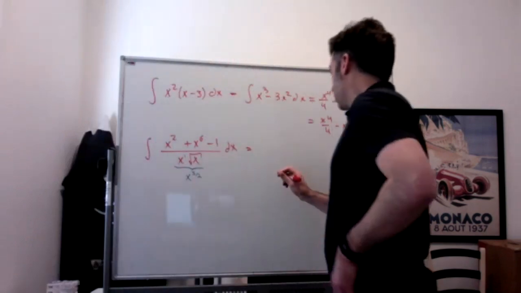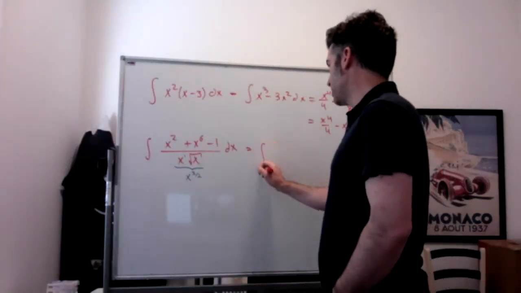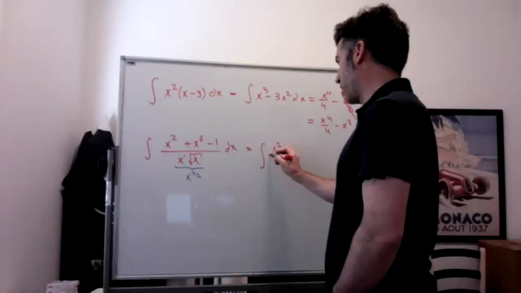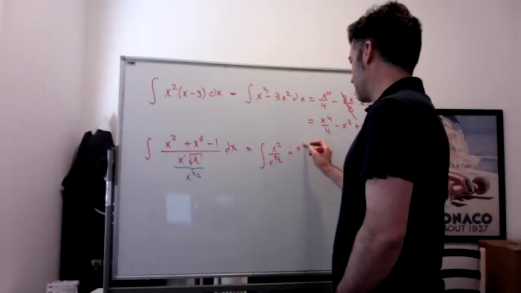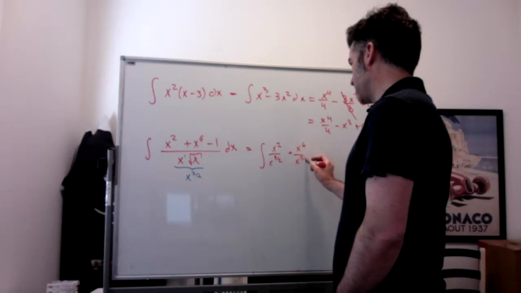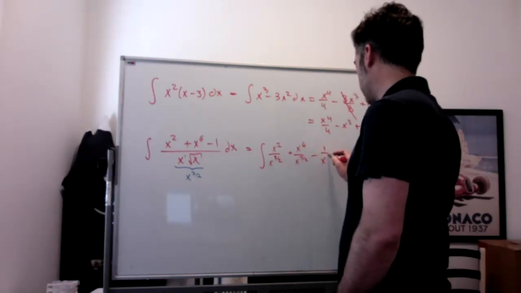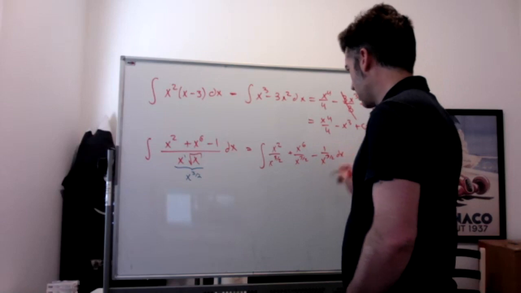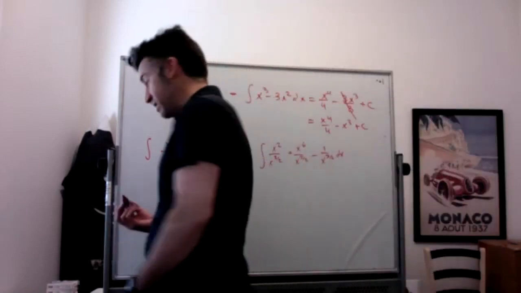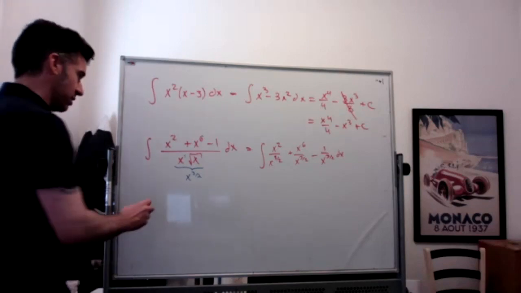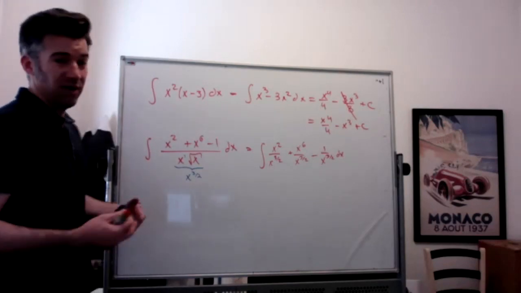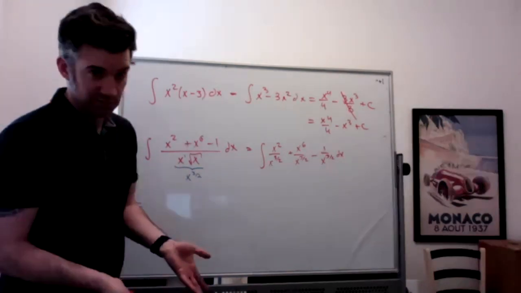So now we're going to rewrite this integral as the integral of x squared over x to the 3/2 plus x to the 6th over x to the 3/2 minus 1 over x to the 3/2. And then we're going to simplify. We're going to use just x to a power before we can antidifferentiate those things. Right? There is no antiderivative quotient rule.